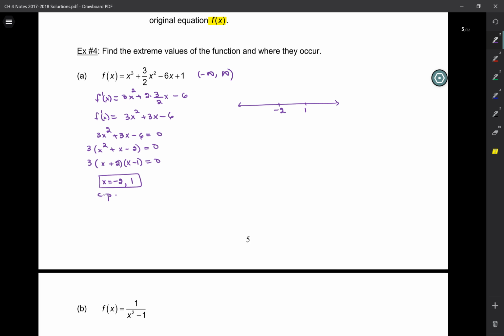Why not the original? Because this is for f prime. We want to see if f prime is positive or negative. So we're going to plug the numbers into f prime. Now, you can plug it into this, or you can plug it into the factored form. I find that sometimes it's easier to plug it into the factored form. So let's do that.